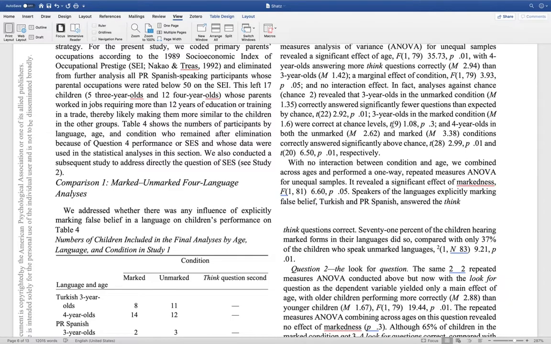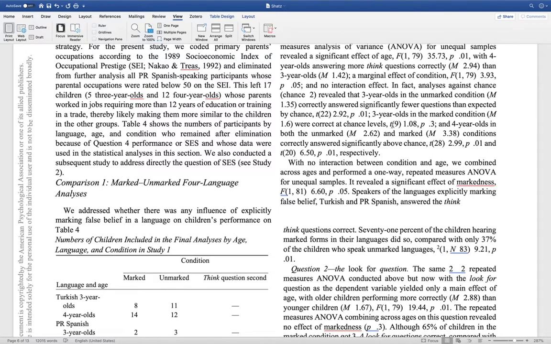So when they combine everyone together, and they looked at marked and unmarked language usage for everyone, they see that marked in 3-year-olds led to an advantage over chance. Well, 3-year-olds are substantially under chance in their answers. They're worse than chance would predict, right? But then when they have the marked condition, they're at chance.